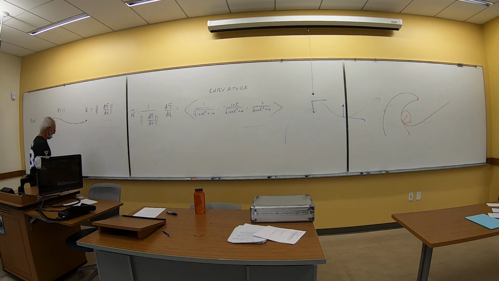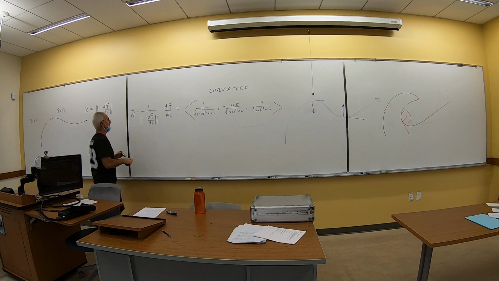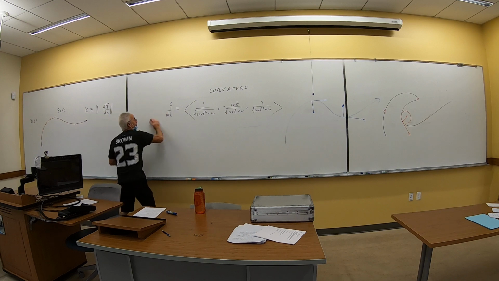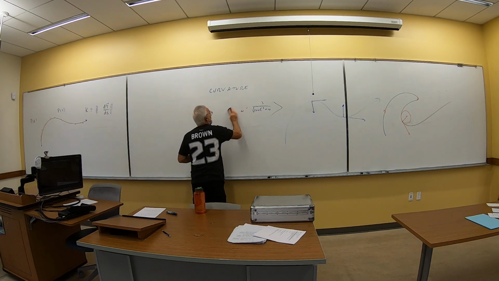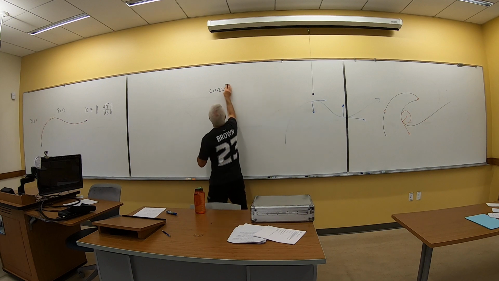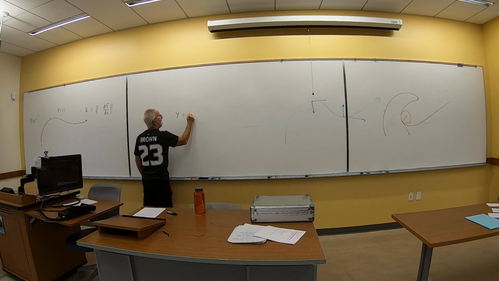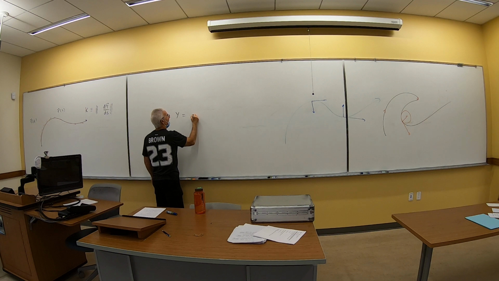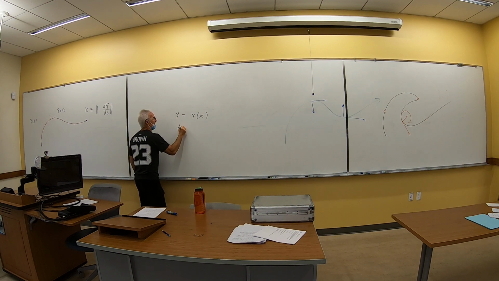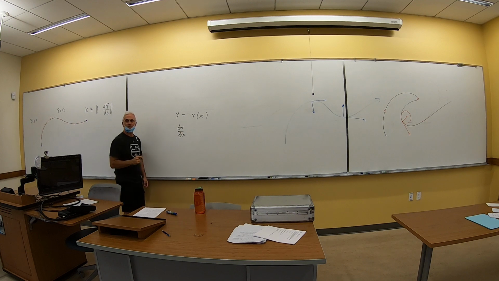So now we need to use a calculus concept of chain rule to remind ourselves. And you've done this before. If I said, we'll keep it simple, if y was actually equal to y of x, then we say dy dx is the derivative.